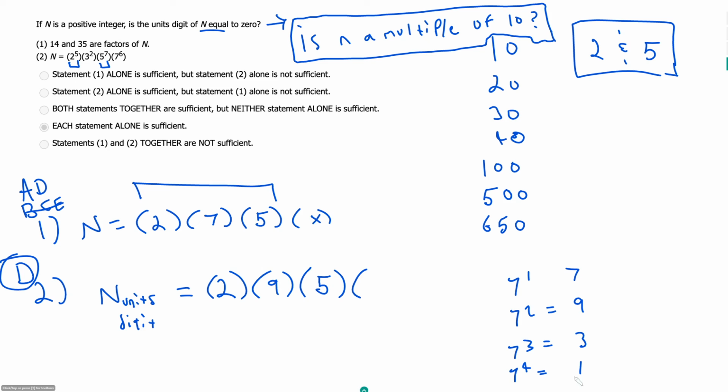And then once I multiply 1 times 7 again, this pattern is going to repeat. So 7 to the 5th should have a units digit of 7 again, and 7 to the 6th should have a units digit of 9 again. So if I'm just looking for the units digit of this number, so 9 times 9 is 81 times 5 times 2.